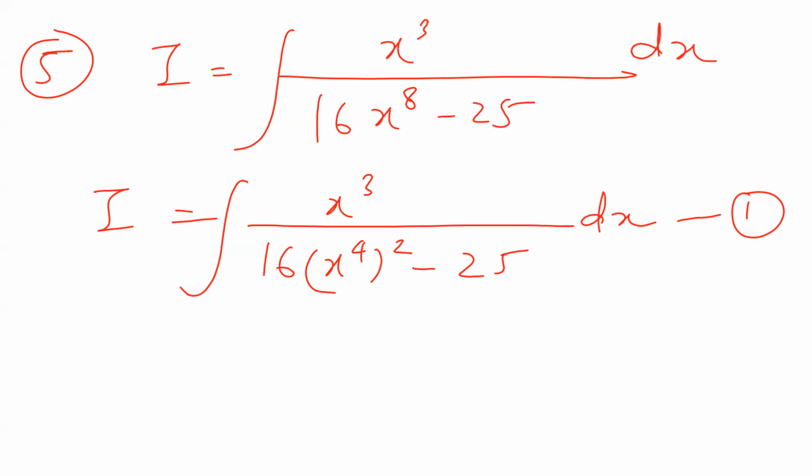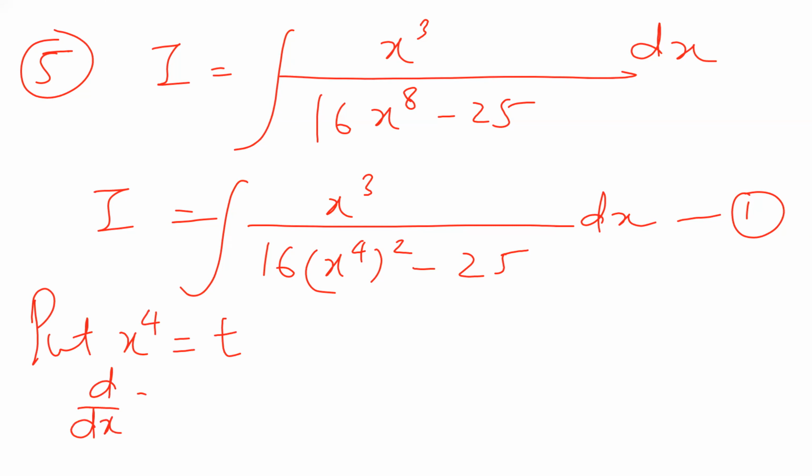I'm not getting answers from many people over here. Only one or two students are replying. Put x raised to 4 equal to t. So d by dx of x raised to 4.